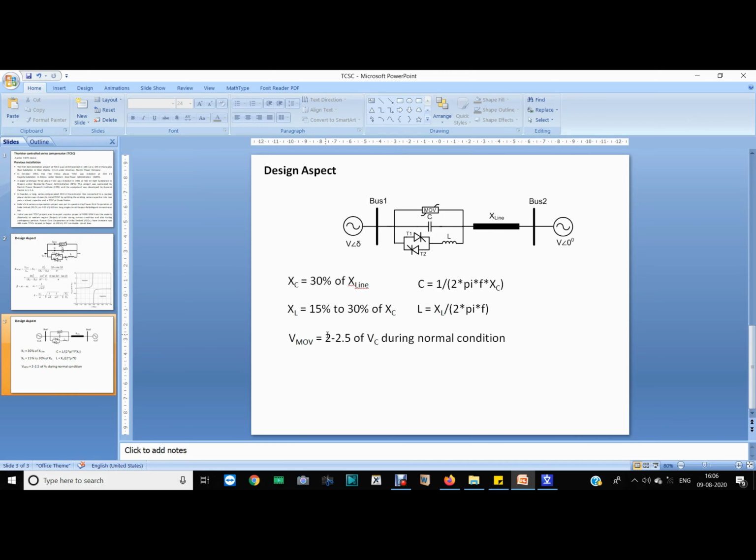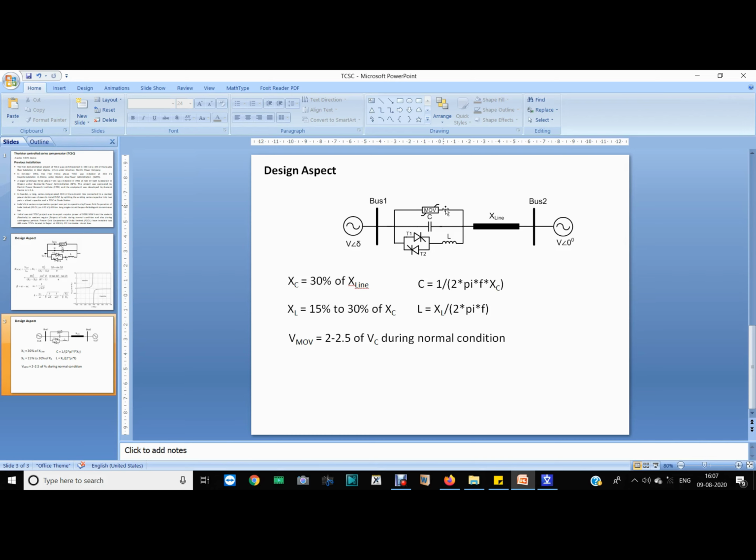So take 2 as the multiplying constant, so voltage across MOV will be 50 kV. So when a fault occurs, the voltage across capacitor will increase up to 50 kV, or for 3-phase voltage we need to multiply by root 3 or whatever the constant.